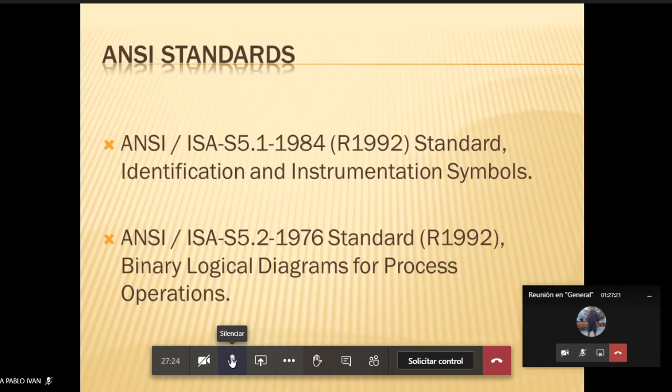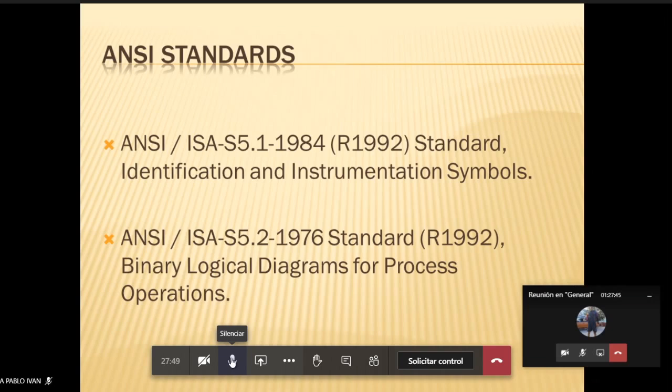Well, ANSI is the standardization of the measures in the American states that can also be part of ISO.